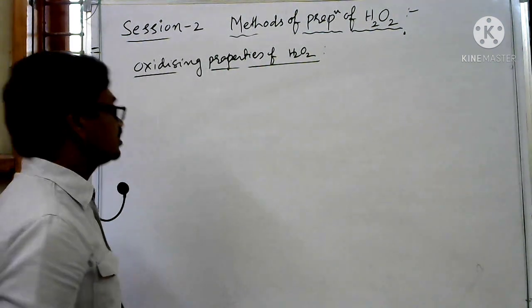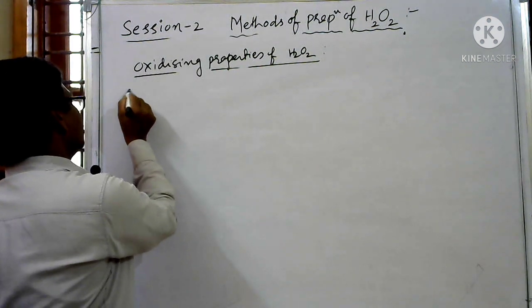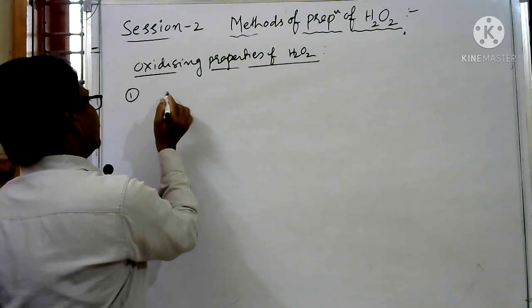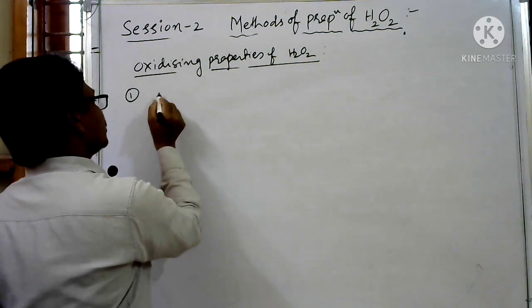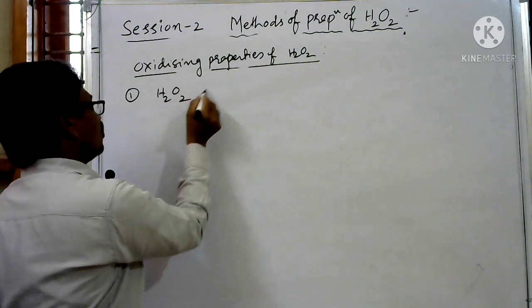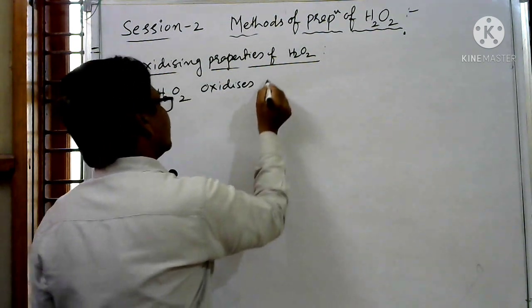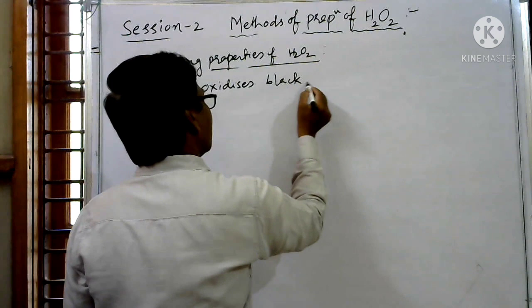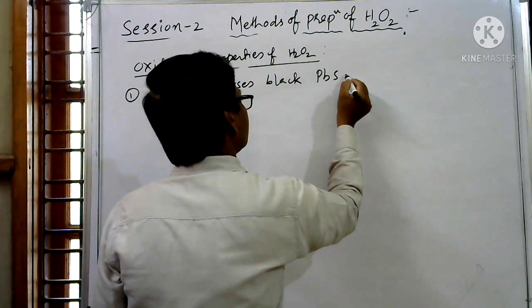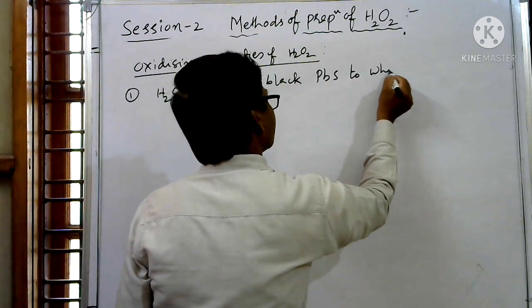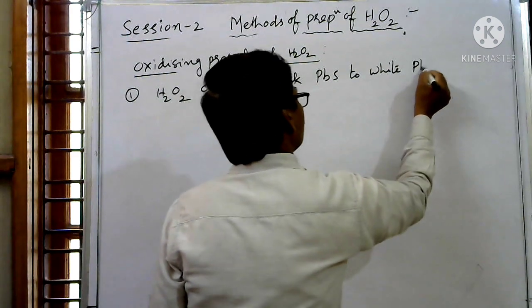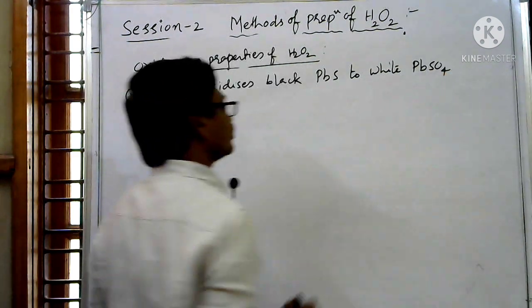In oxidizing properties, the first one: H2O2 oxidizes black PbS to white PbSO4.